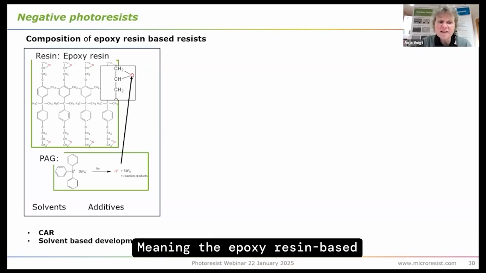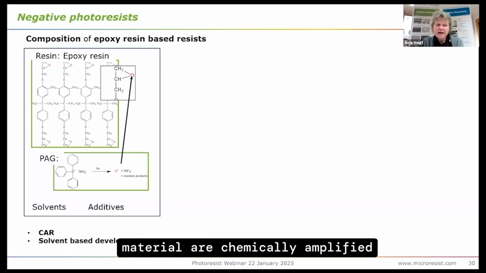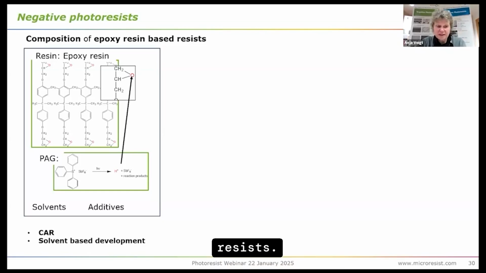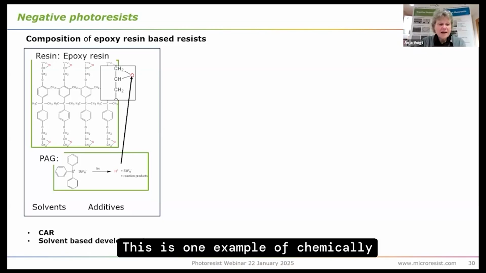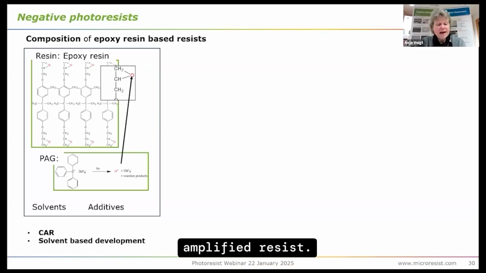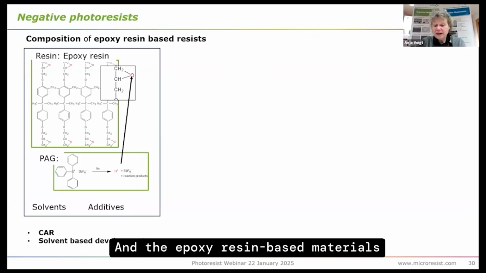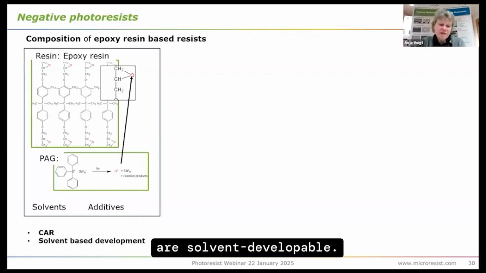Meaning the epoxy resin-based materials are chemically amplified resists. This is one example of a chemically amplified resist, and the epoxy resin-based materials are solvent developable.